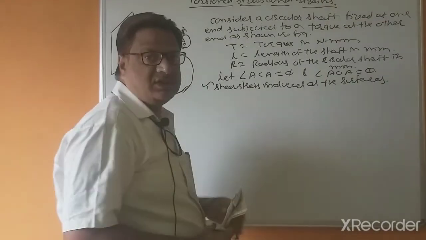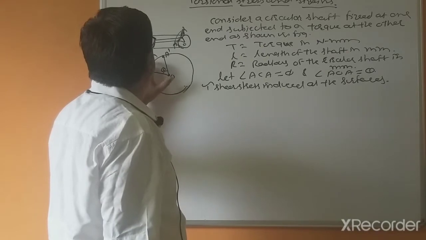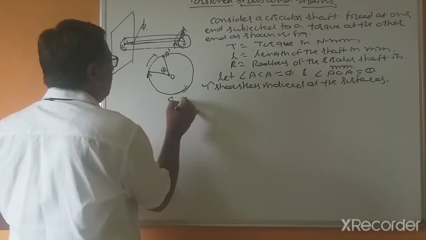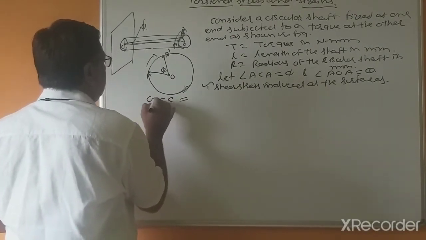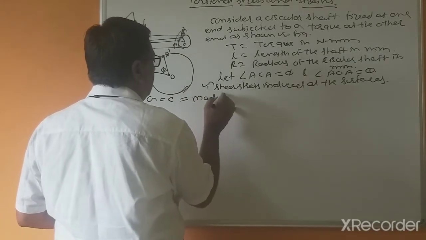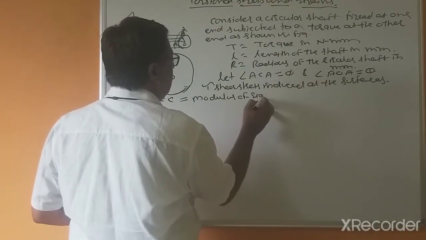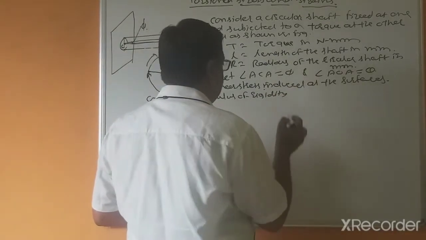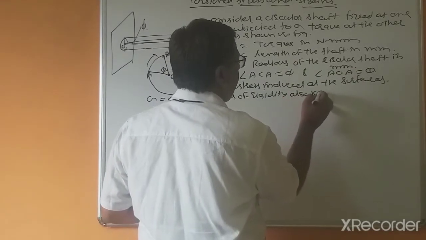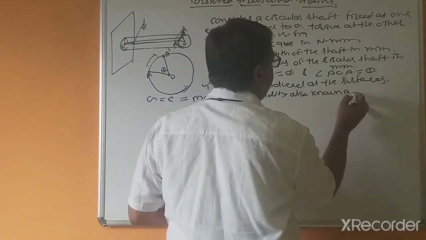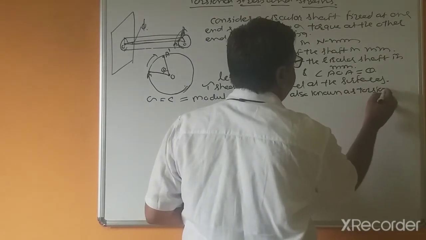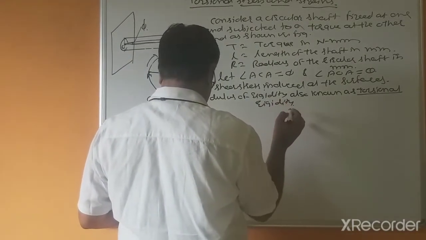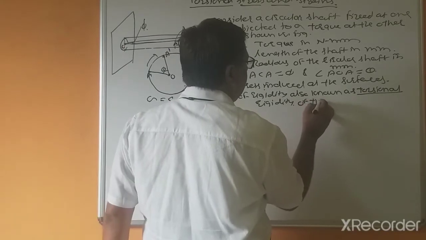This is the intensity of tau, and it is greater at the outermost fiber. C or G is the modulus of rigidity, also known as torsional rigidity of the shaft material.